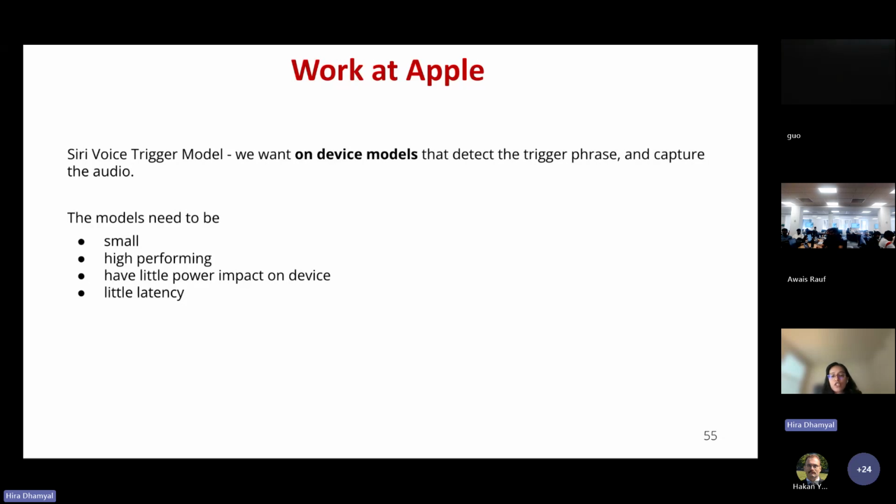That one model is pretty small and always listening, but then the other models that follow can be a little bit bigger and have higher performance than the first model in that stack. So that's pretty much what I can tell you.